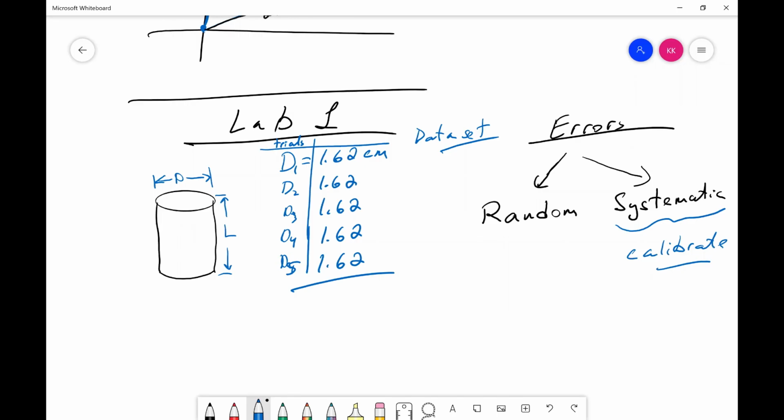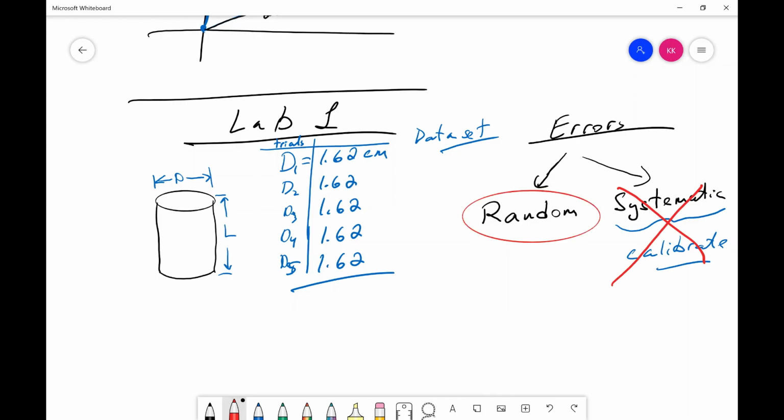And you can change the setup. You can make sure that, for example, if you need a flat surface, that surface is flat. You can use the tools to make sure that surface is flat. Because if there's a little bit of incline, then the object can actually slide down instead of just sitting there. So we can more or less eliminate this by calibrating the equipment before starting the experiment.